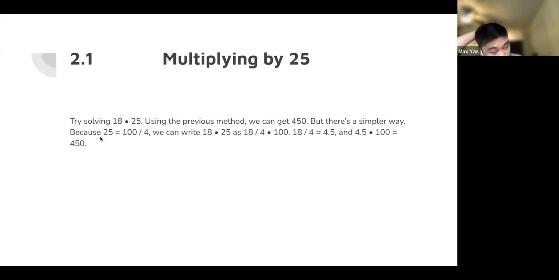So now we're gonna do multiplying by 25. And this is going to be one of the tricks that appears often. So try doing 18 times 25 by using the previous method, and we can get 450, but we have a much simpler way too. Because we know that 25 equals 100 over 4, we can write 18 times 25 as 18 divided by 4 times 100 by the commutative property of multiplication.